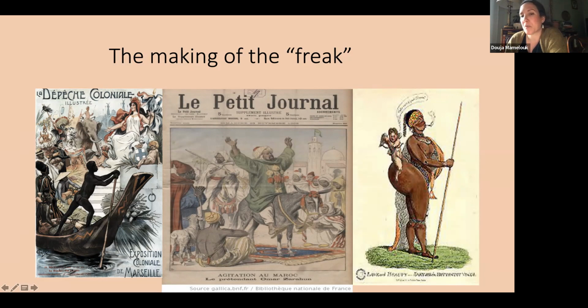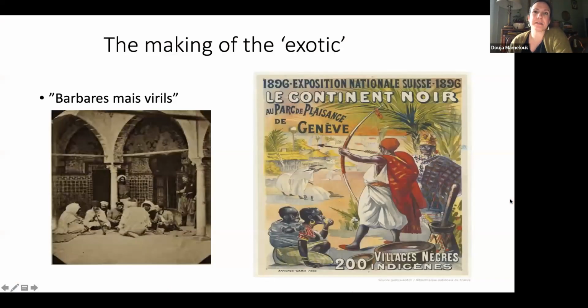Of course, she's almost nude. And what gets depicted is that her bottom is shown disproportionate in size. And it's not a caricature, because when people look at images, they actually believe that this is a representation, and a representation can only be something that is real. So this is the making of the freak.